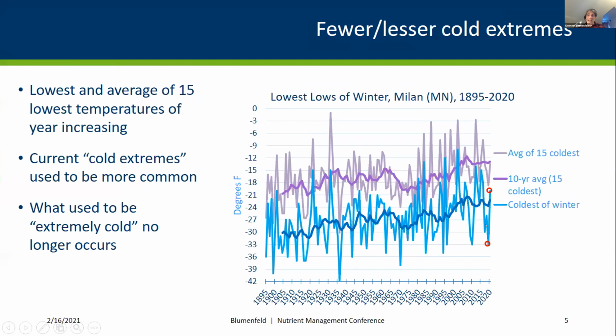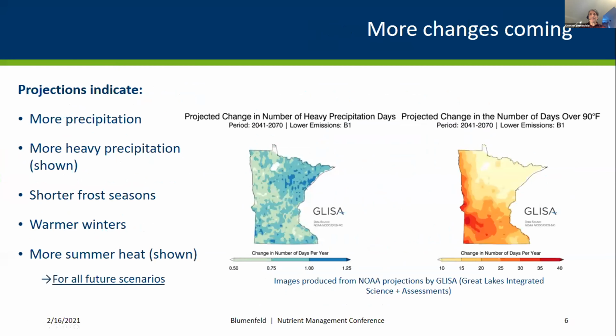And if you just look left from there, you see that it's not all that unusual to get that cold in Milan. When we look at the climate projections, they basically tell us what we've seen, these warming winters and increased precipitation, that should continue.